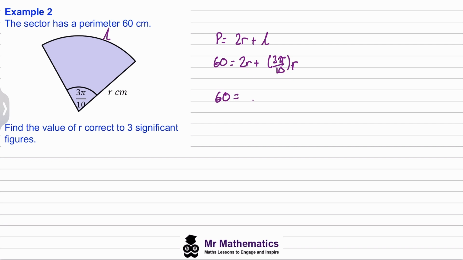I'll factor out this r, and then we'll have 2 plus 3 pi over 10. So the radius will be 60 divided by 2 plus 3 pi over 10. And when you work this out, we get approximately 20.4 centimeters to 3 significant figures. Okay? Let's try one more question.